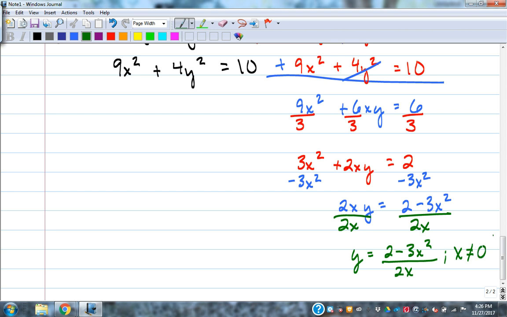Remember, we never can divide by 0. So if we divide by that variable there, mathematically it's legal as long as that variable is not 0. If it turns out where x was equal to 0 when we get done with this problem, then we've got to start over and try something else. It doesn't turn out to where that's what's happening. Okay, but we've got to make sure we state that at some place there, that x can't be 0.